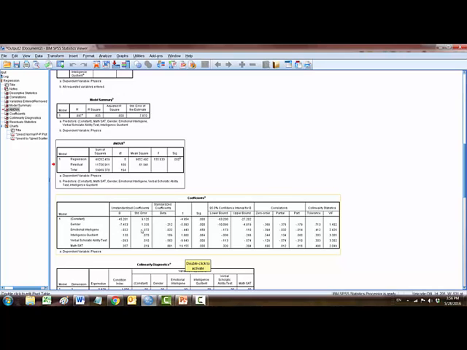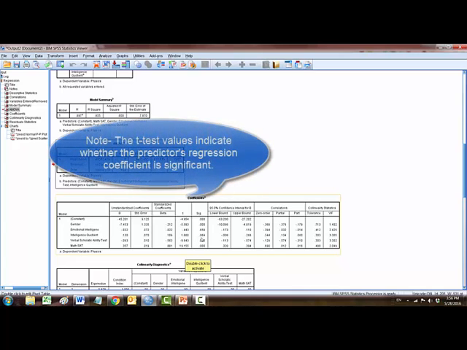So if you look at the gender, it is statistically significant. This one, the p-value is more than 0.05. Here it is 0.658. This is not statistically significant, and this is also greater than p-value 0.05. So this is also not statistically significant.